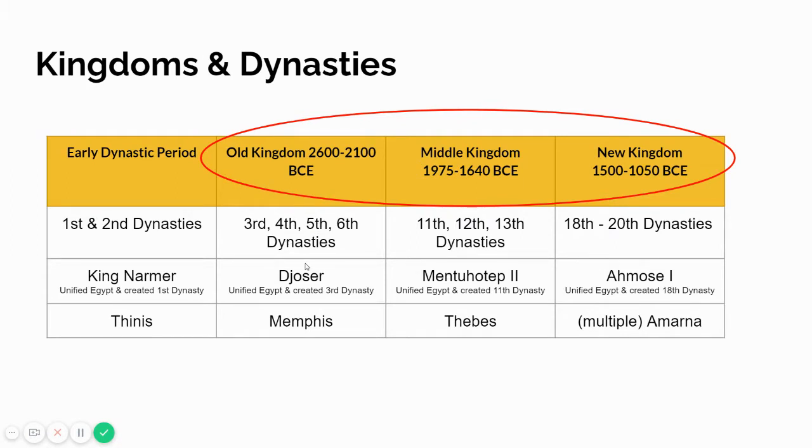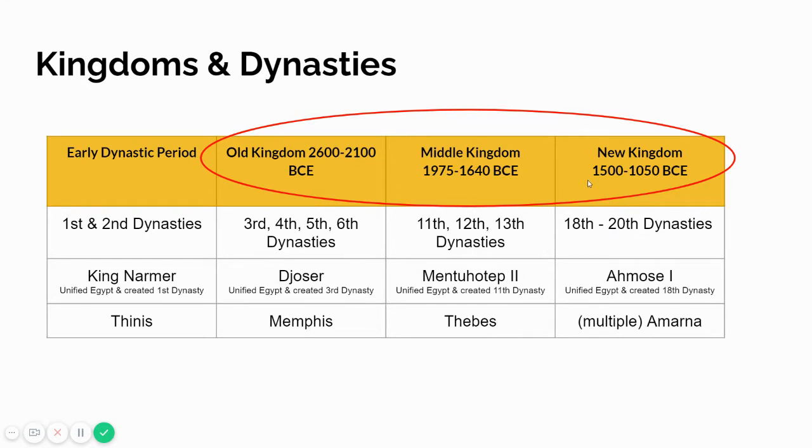Those dynasties were ruled by Djoser, and the kingdom was ruled from the city of Memphis. In the Middle Kingdom, you have the 11th, 12th, and 13th dynasties. The ruler over that time period was Mentuhotep II, and here the ruling is happening out of Thebes.